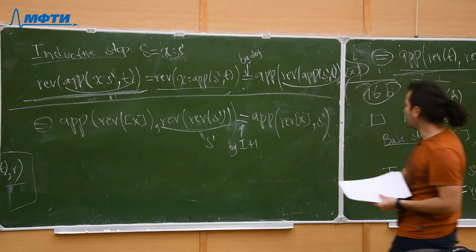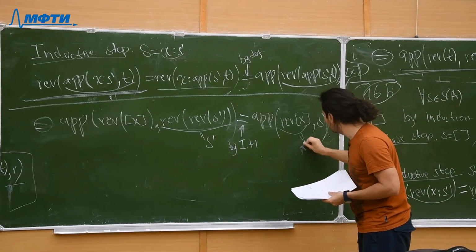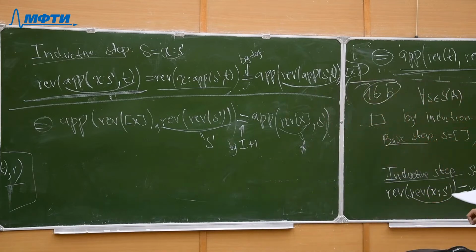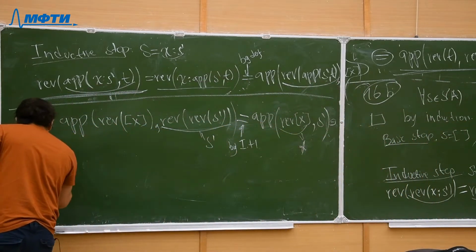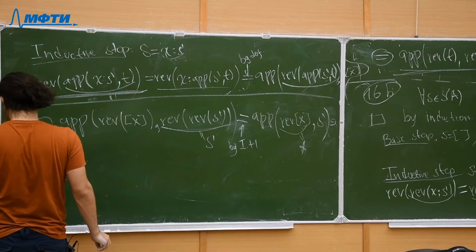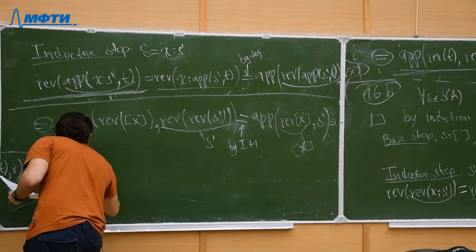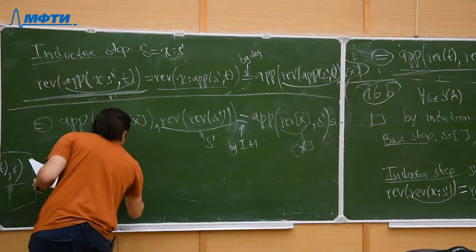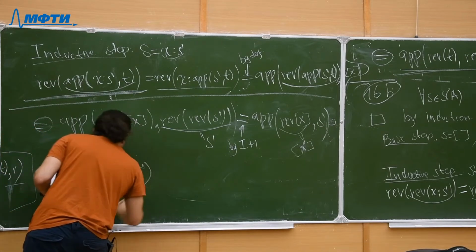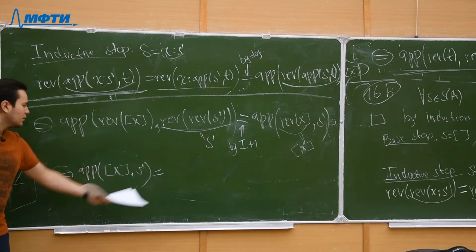And now the reverse of x is just x as well. So we have x, which is going to be x. So this is equal to the concatenation of x, string s, and s prime. And what is this equal to? The concatenation of x and s prime?